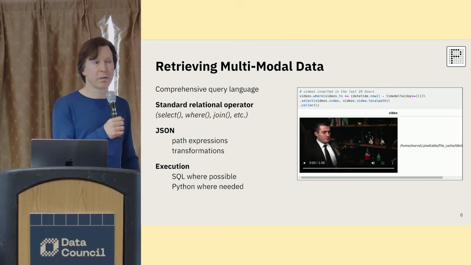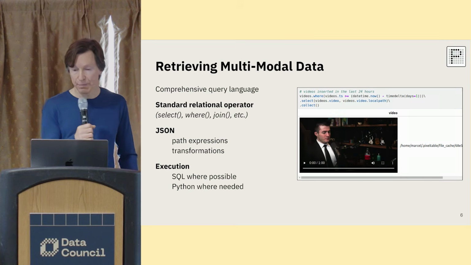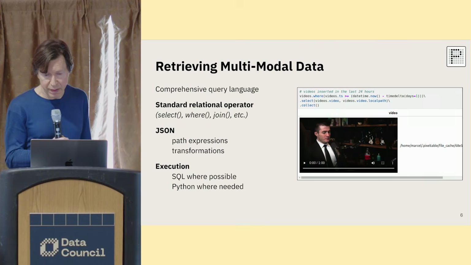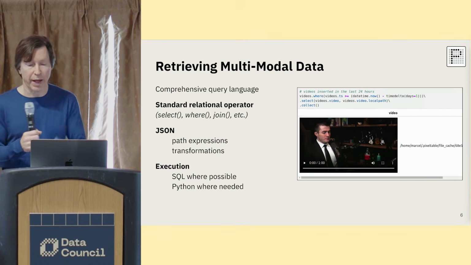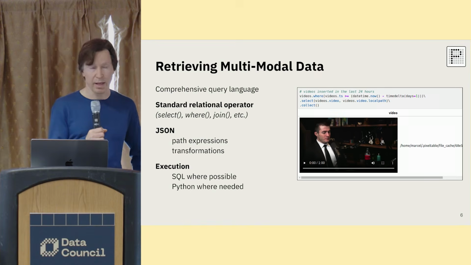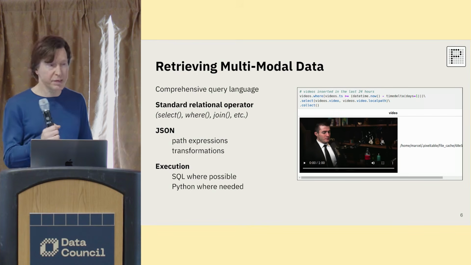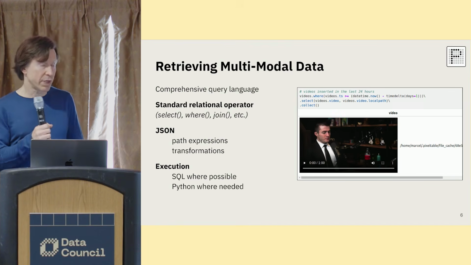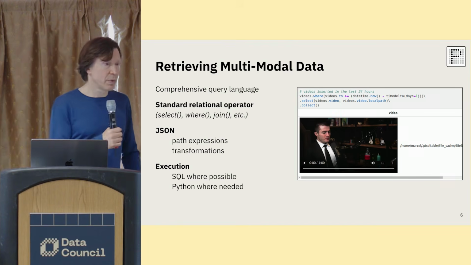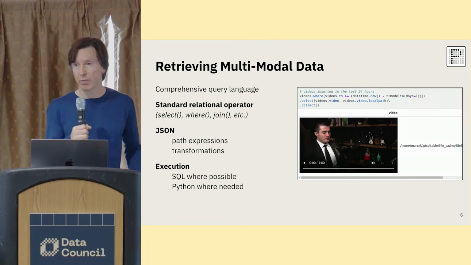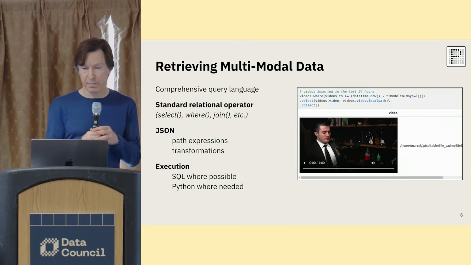Again, remember, all media data is external. And the video itself is shown and actually playable if you're running this inside a notebook. This query is translated entirely into SQL, and there's no Python logic needed in order to execute that. We will see some examples with Python logic later.